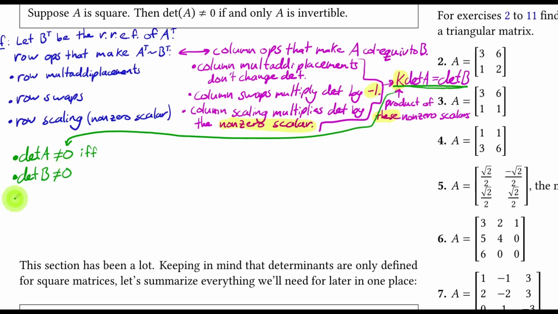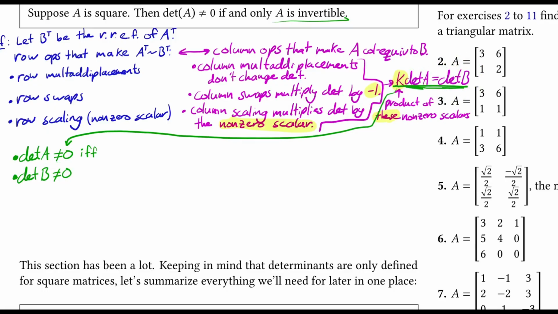We're going to have a chain of equivalent statements here and try to connect it to the fact that A is invertible, which is the goal. Now, why do we have this fact? Well, because if the determinant of B is 0, then this non-zero number times it will be 0. And if the determinant of A is 0, then the determinant of B is 0 divided by K, which is non-zero.